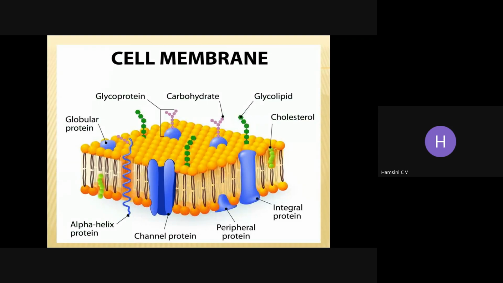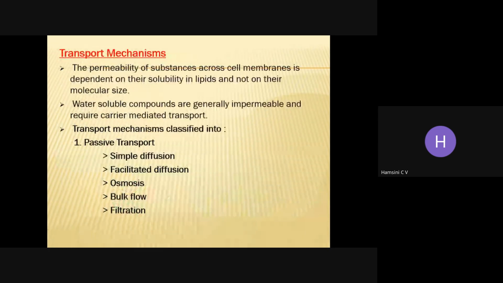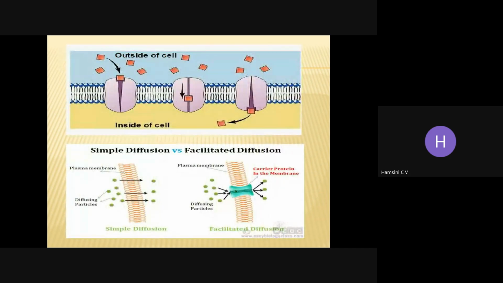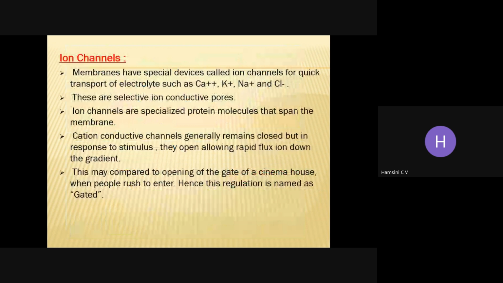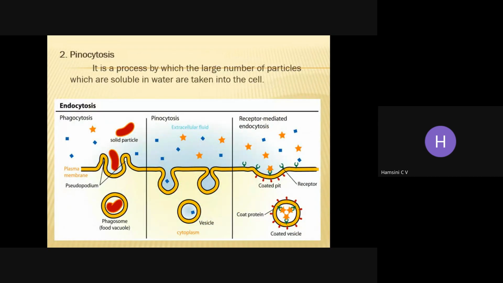These glycoprotein and glycolipid act as receptors sometimes. They act as cell markers. They help in adhesion. All these are the properties of those carbohydrates on the surface. Can you see these antenna-like structures in the ultrastructure which I showed previously?